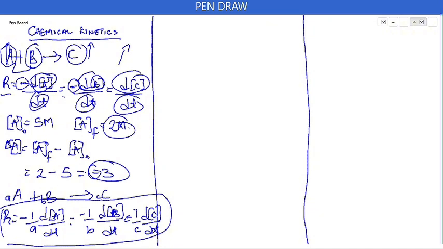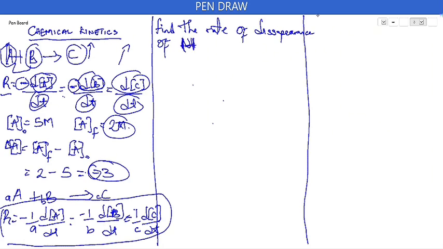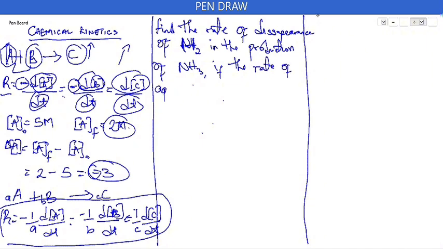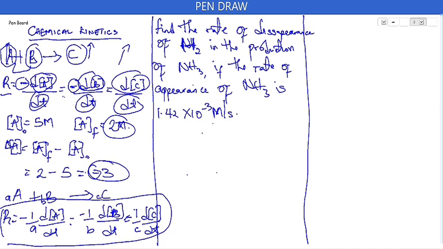Let's say there's a question that says find the rate of disappearance of hydrogen gas in the production of ammonia, if the rate of appearance of ammonia is 1.42 times 10 raised to power minus 3 molar per second. Okay, now this is what they gave us.